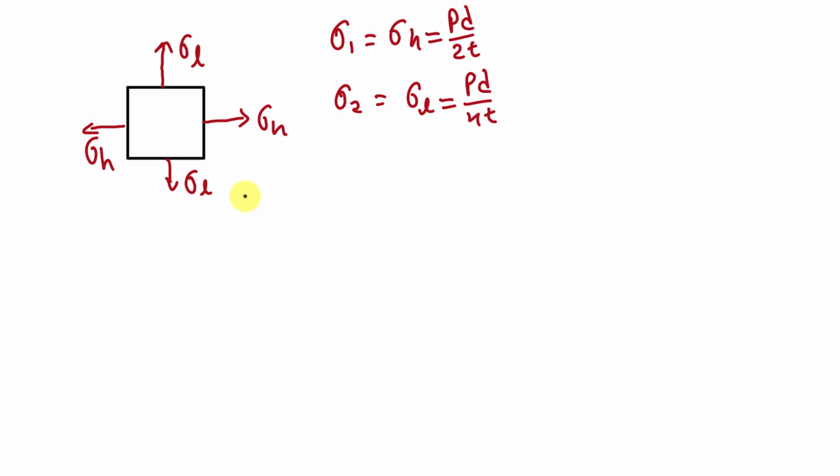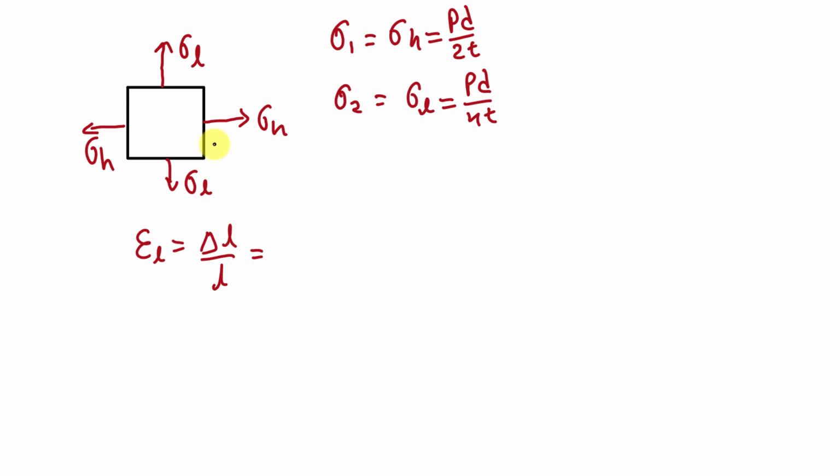Now we are going to find strain in the cylindrical pressure vessel. First of all we will find strain in the longitudinal direction. That is delta L divided by L. If delta L is directly given, then you can use this equation.